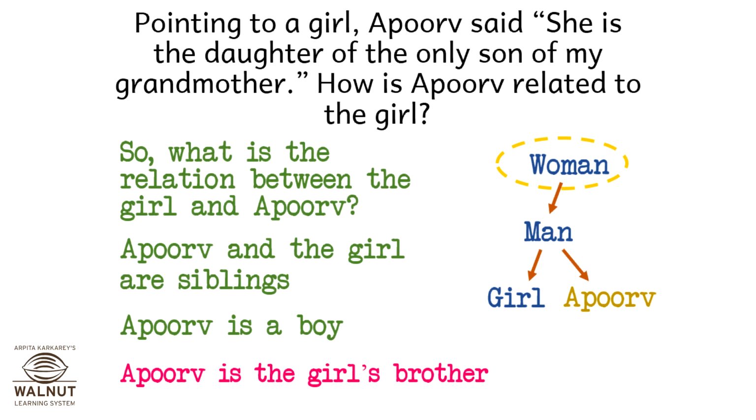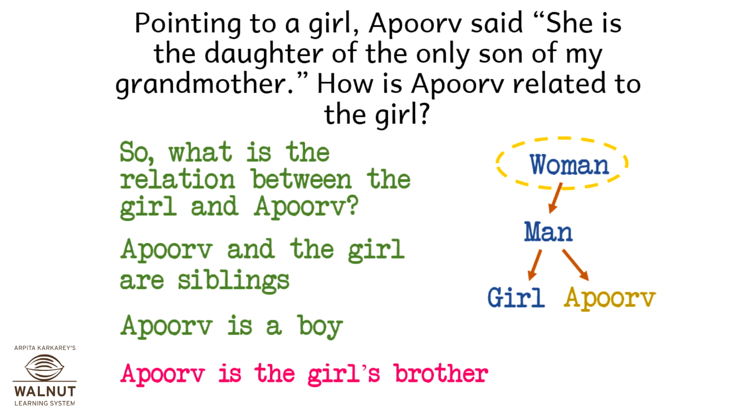Let's go through that again. Look at this carefully now. We know that there is a girl, who is the daughter of the only son. So we draw the girl's father because the girl is the daughter of that only son.